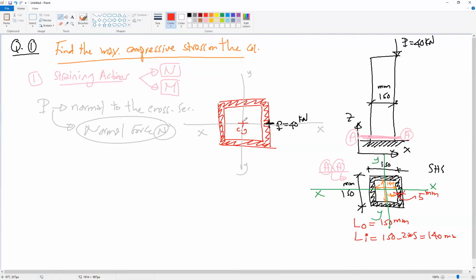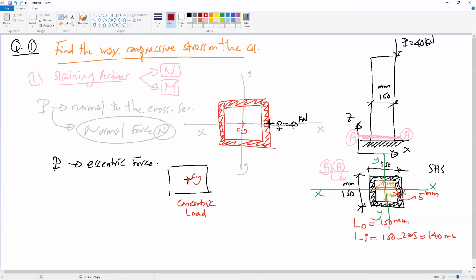Another piece of information from the question is that the force P is an eccentric force. What do we mean by eccentric force? If we have a cross section and the load is applied at the CG, this means that the load is a concentric load.